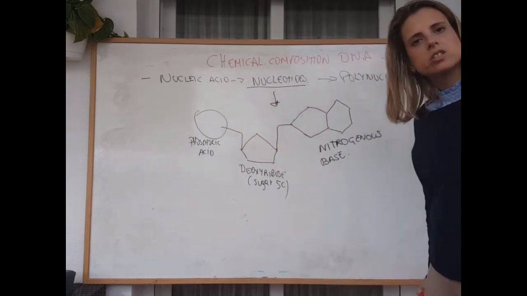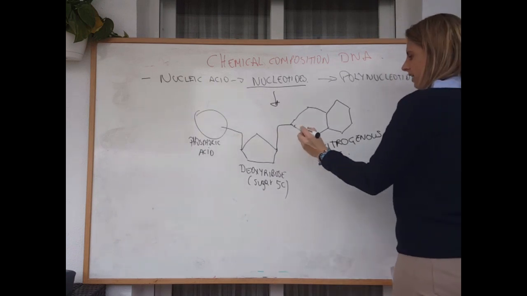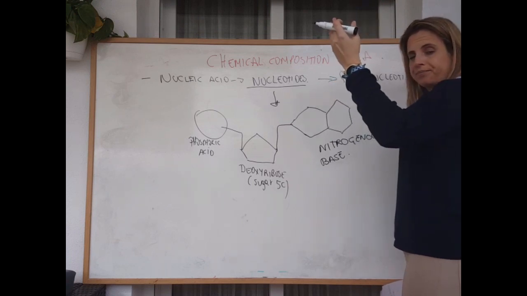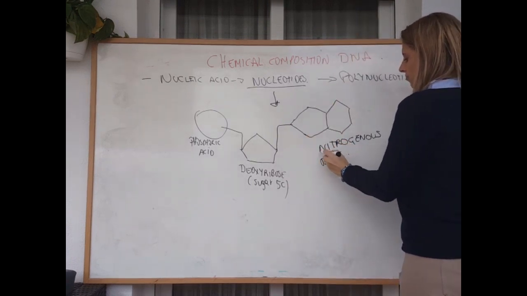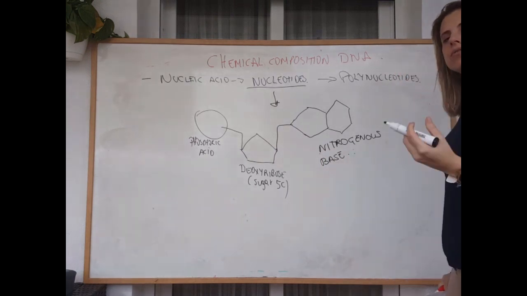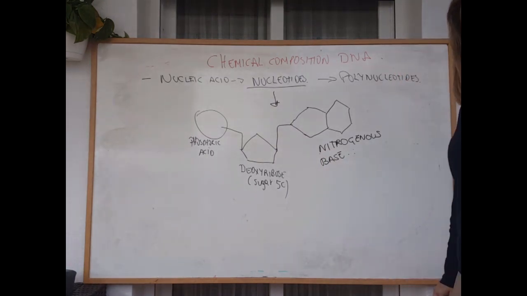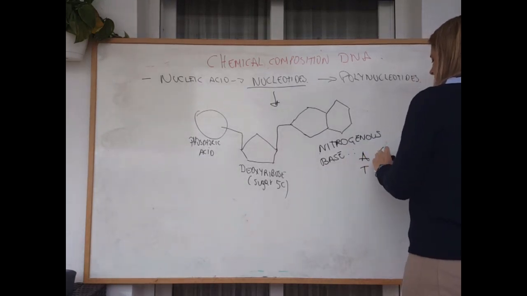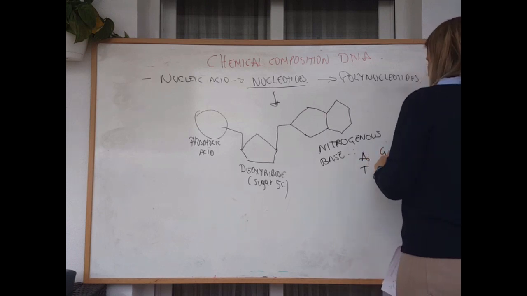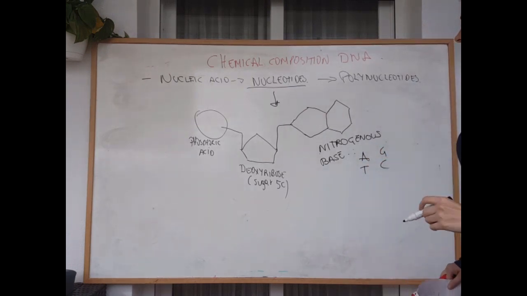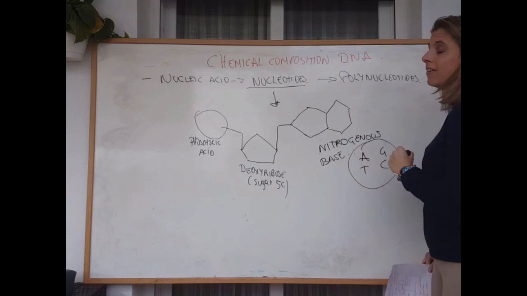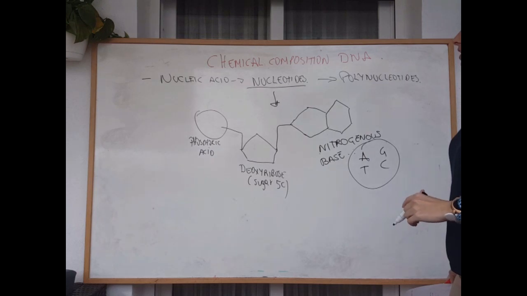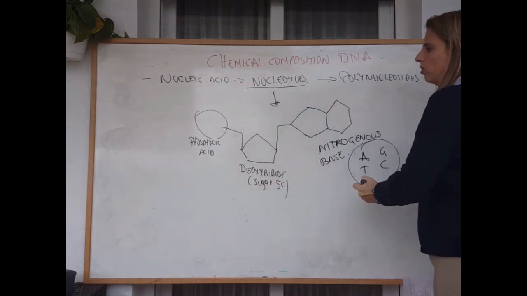Just one. This structure is going to be repeated and they are going to be joined. Okay? First, telling you that we have different types of nitrogenous bases. You can see them in your book. We have adenine, thymine, guanine, and cytosine. Okay? That is when we are talking about DNA. We will see how it is when we talk about RNA. So basically, this is the structure of a nucleotide.